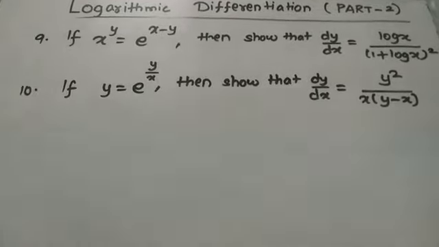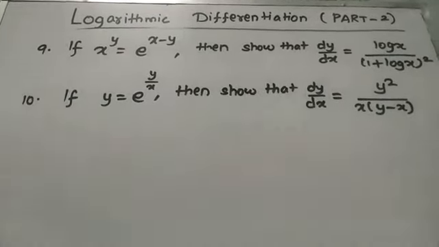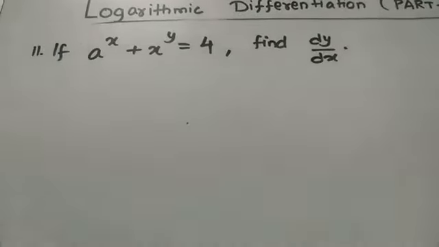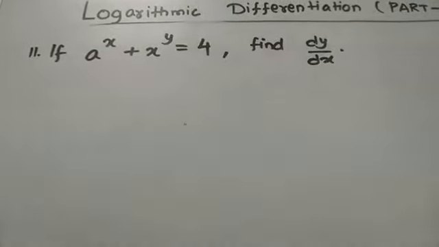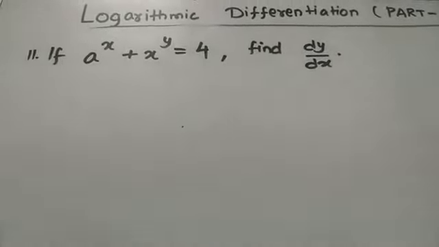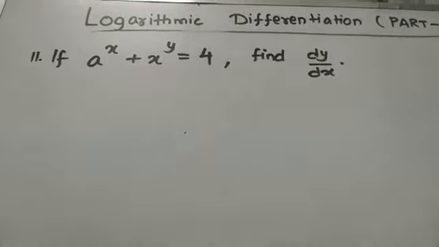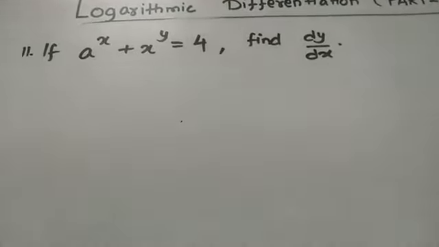Okay, so now let us proceed to question number 11. Question number 11 is: if a to the power x plus x to the power y equals 4, then find dy by dx. In this question we can't directly take the log.